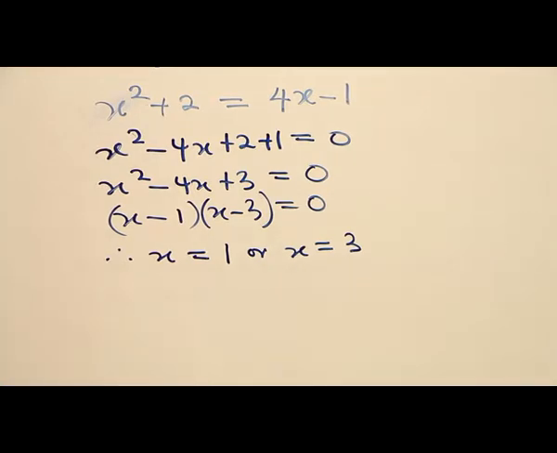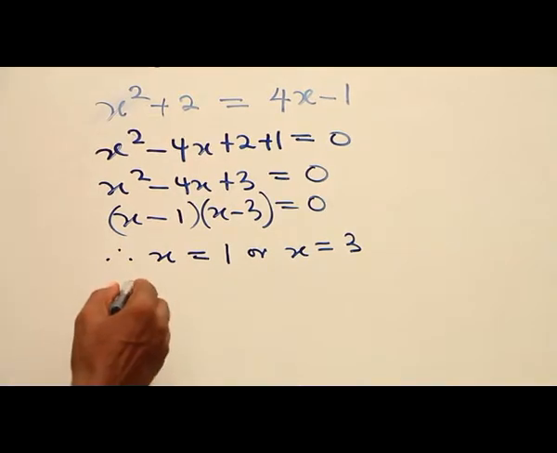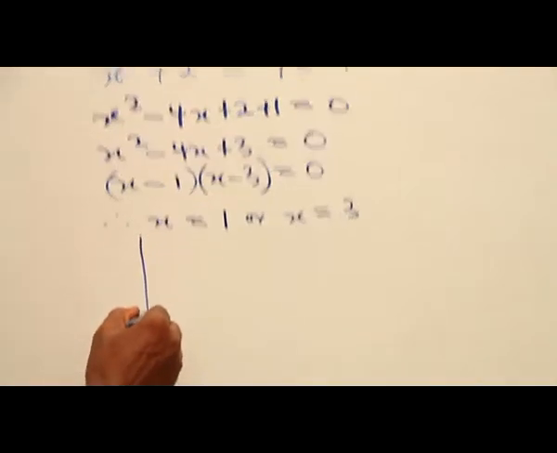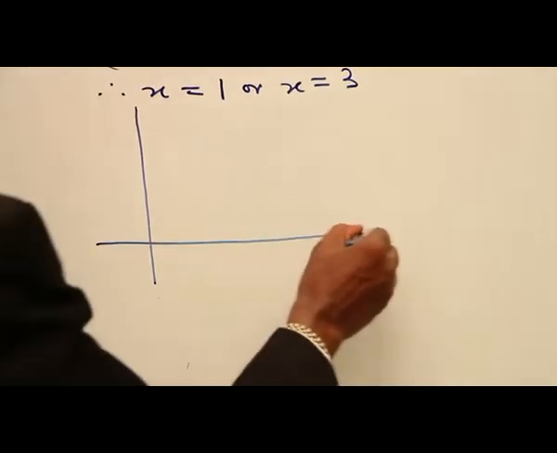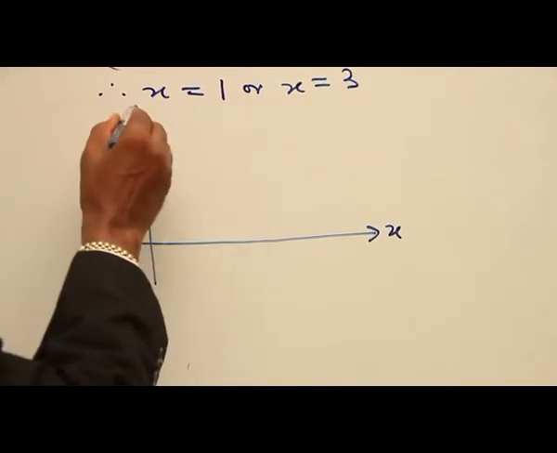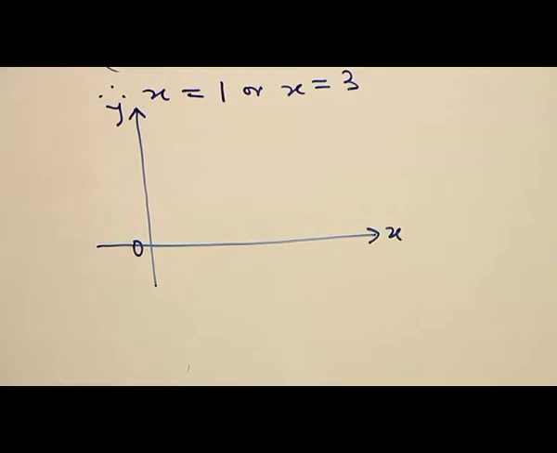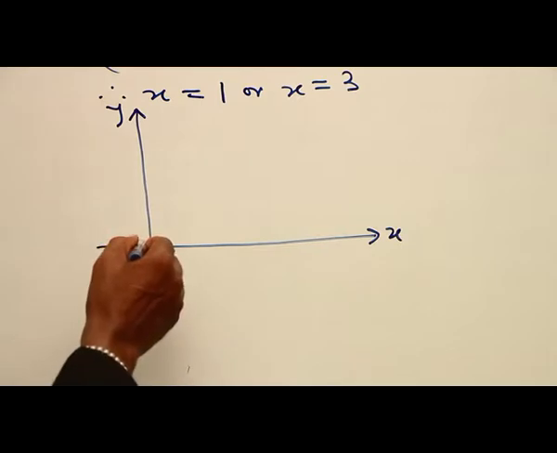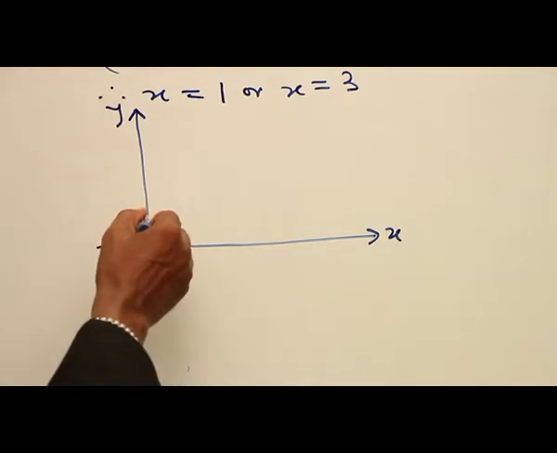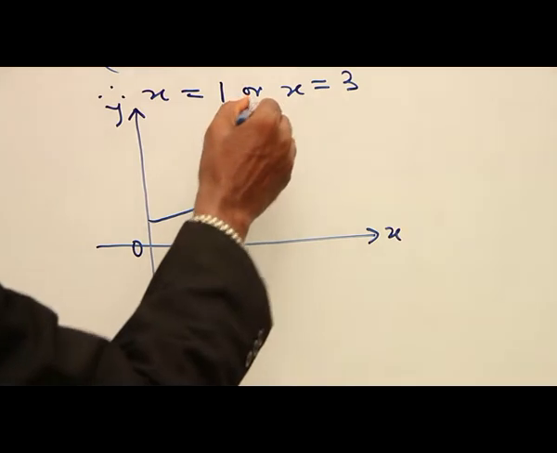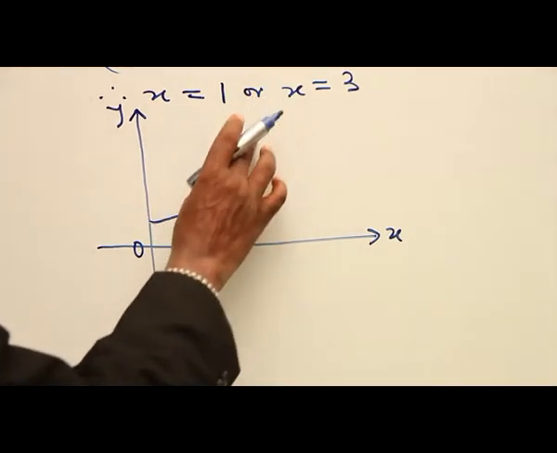So in this regard, remember that we are finding the area enclosed between the curve and the line. Let's sketch what it looks like. I'm sketching this now. This is our x axis, this our y axis, this is the origin. When you talk about the curve, when x is 0, y is 2, and then we have a curve.